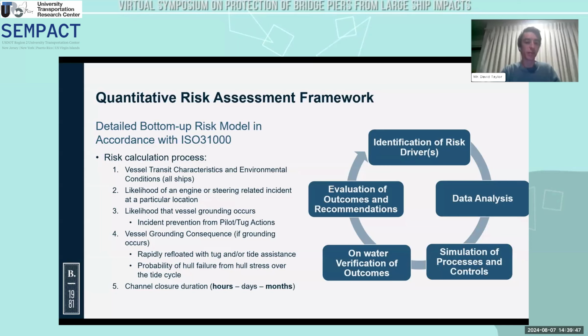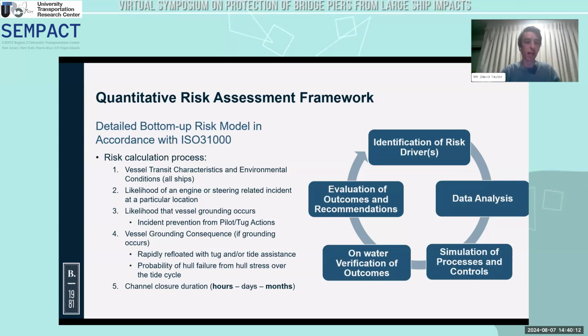So this could be that the ship can be rapidly refloated either with tug or tide assistance, or what's the probability that the hull may actually fail as a result of being exposed over a large tide range cycle. And then once the consequence is defined, how long may that channel closure occur.